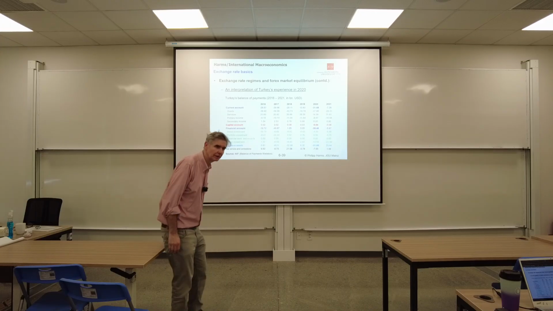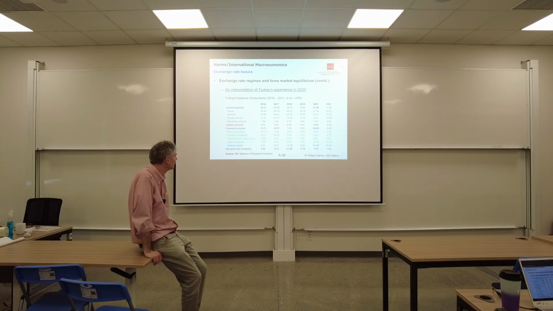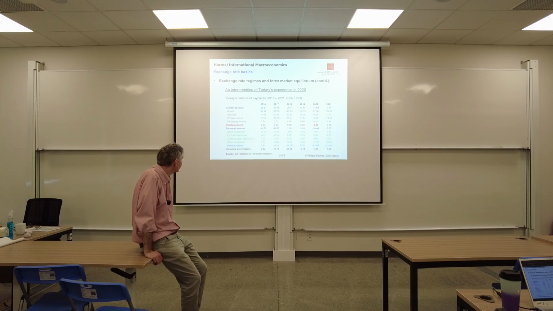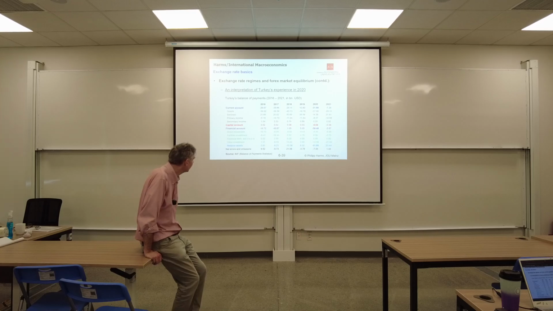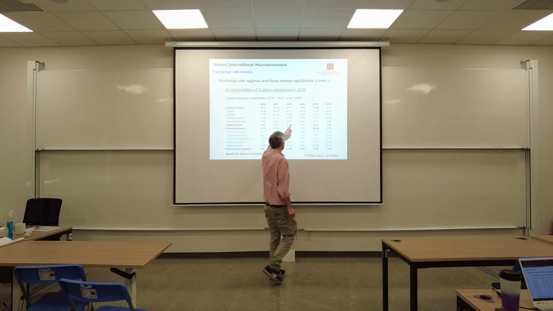How do you interpret the evolution of the current account in Turkey between 2019 and 2020? Yep, the current account went down big time. What do you think is responsible for that? Well, there are several things responsible for it, but I want to highlight this drop.